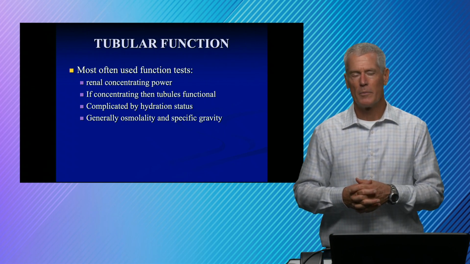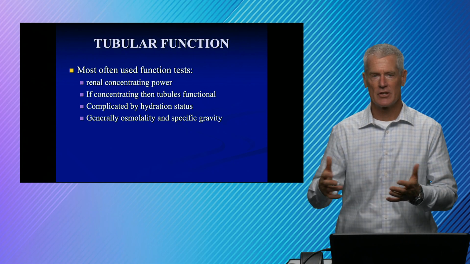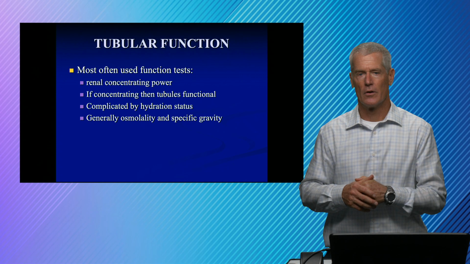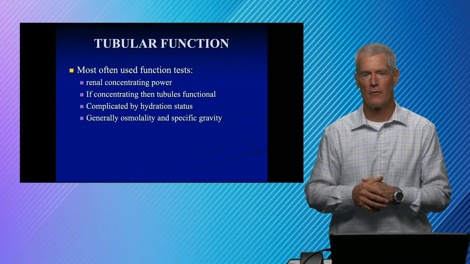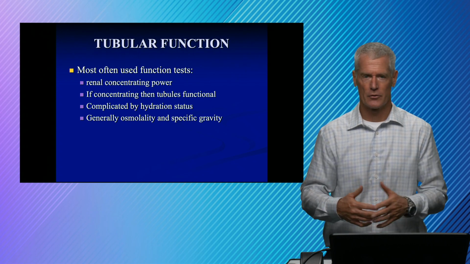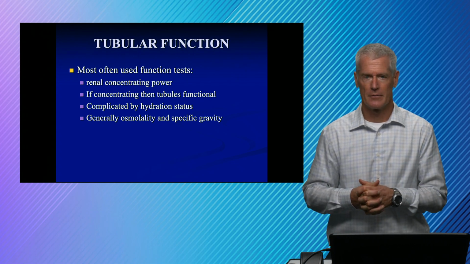Blood-specific gravity is about 1.008. It's essentially a density measurement. And if your urine has a specific gravity of 1.20, your tubules are working, unless you're giving them glucose or something else that's being freely filtered.